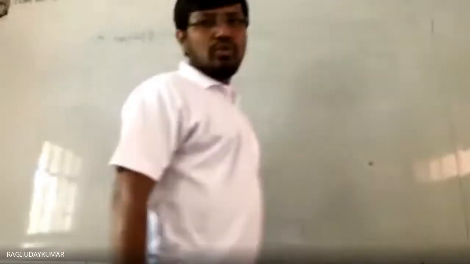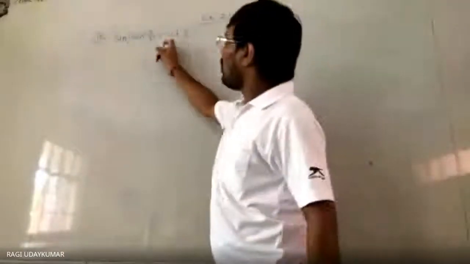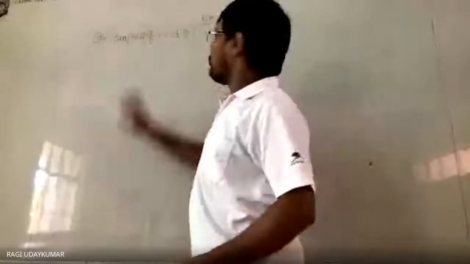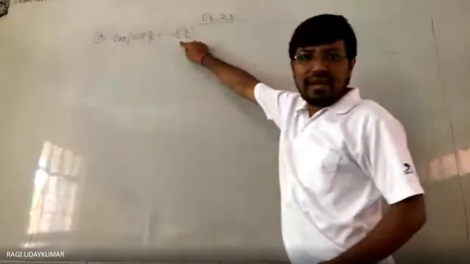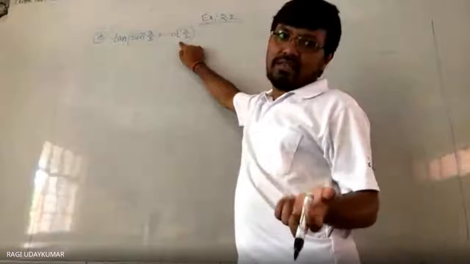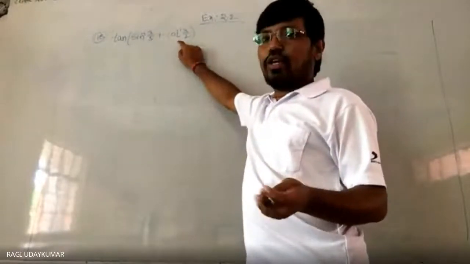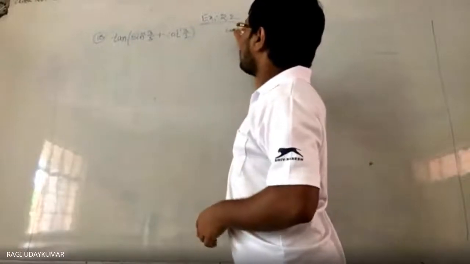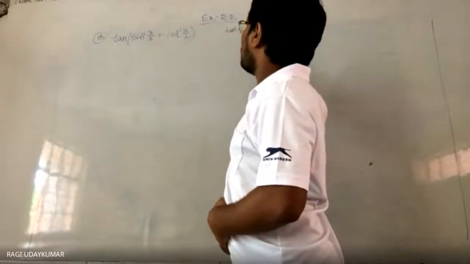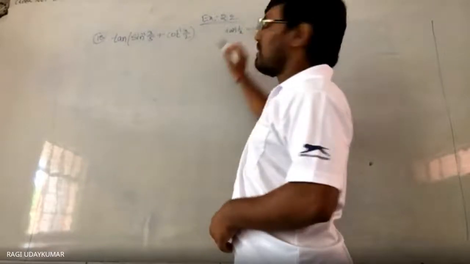Okay. Here you need to convert both of these into tan. Here the simple thing: cot inverse 3 by 2 is equal to tan inverse 2 by 3. Reverse means you need to take the reciprocal. You have an identity: tan inverse 1 by x is equal to cot inverse x.